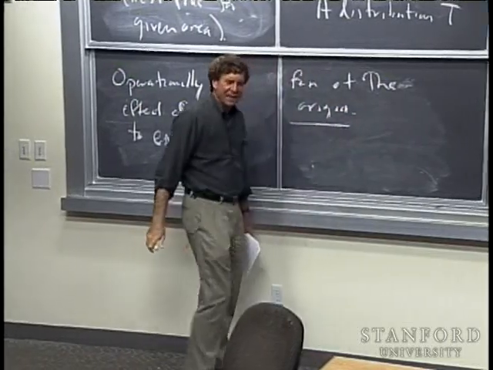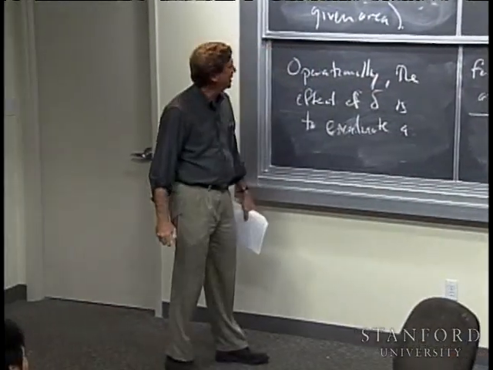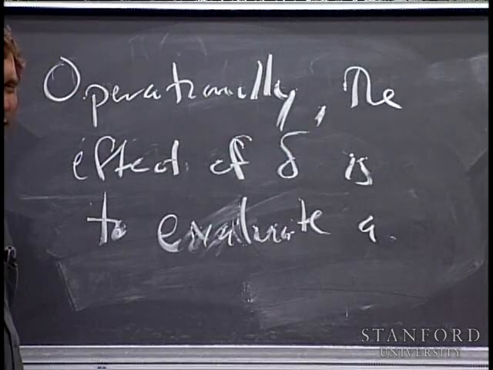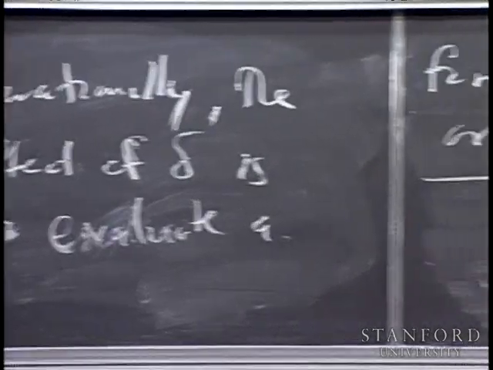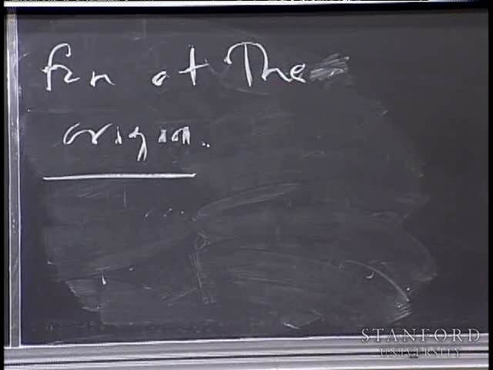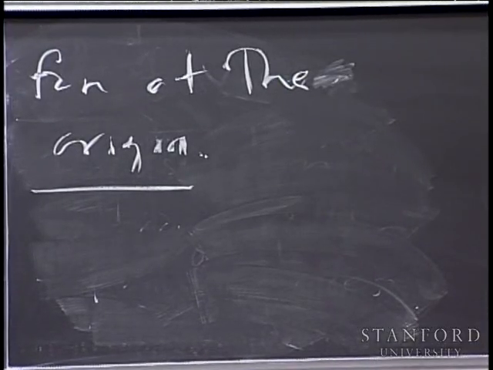All right. So you say that to yourself a couple times. Operationally, the effect of delta is to evaluate the function at the origin. All right. The mathematical modus operandi is turn the solution of a problem into the definition. I say to myself, that's how I should define delta.